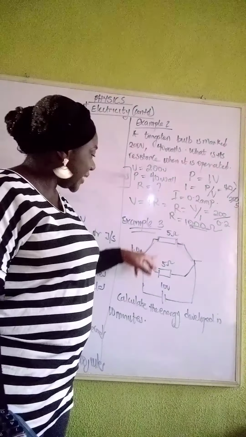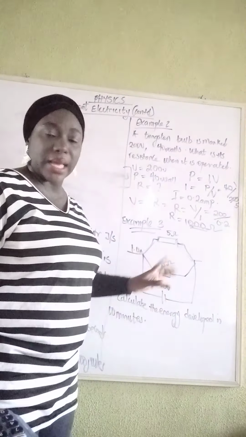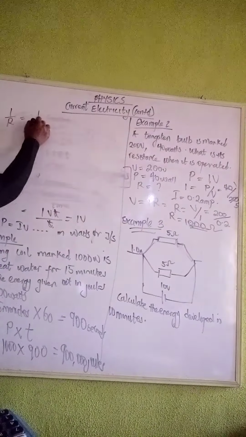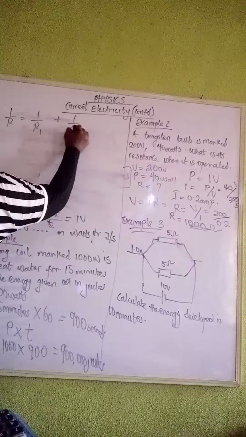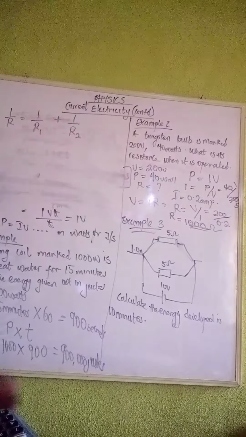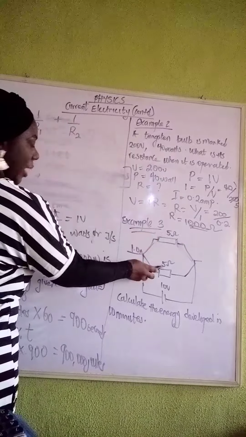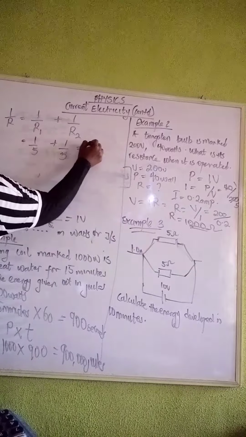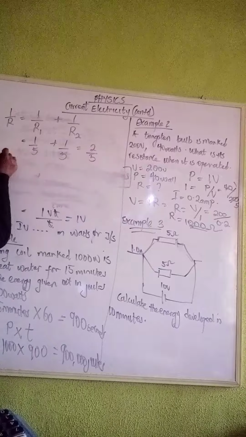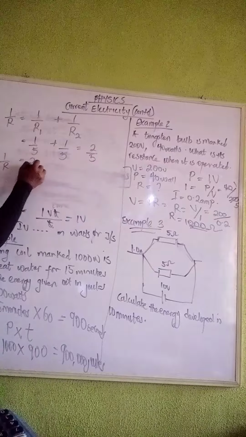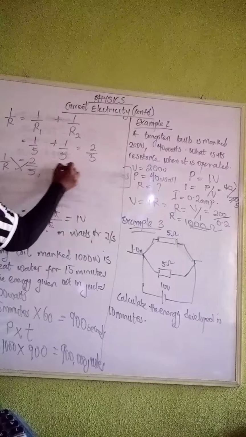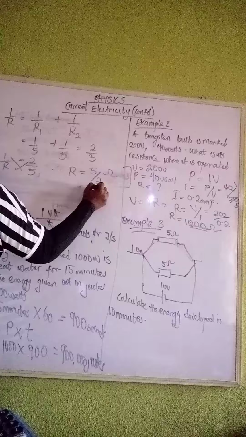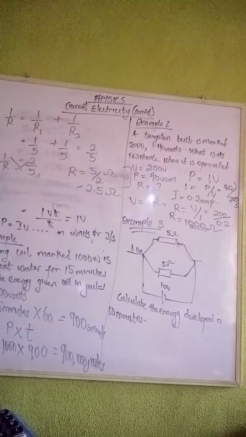To calculate the effective or combined resistance, we say 1 over R equals 1 over R1 plus 1 over R2. What is our R1? 5. What is our R2? 5. So that will be 1 over 5 plus 1 over 5, which gives us 2 over 5. Our 1 over R equals 2 over 5. Cross multiply, therefore R is 5 over 2 ohms, or 2.5 ohms.